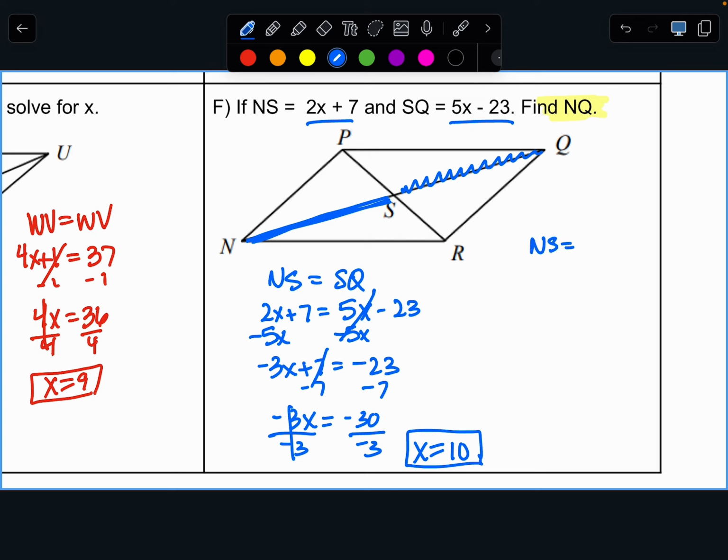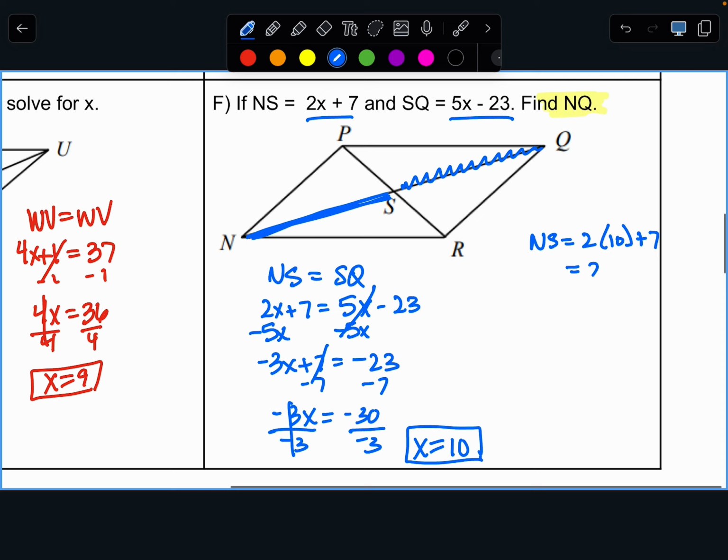So NS is 2 times 10 plus 7, right? So NS is 27. So if this piece is 27, how much is SQ? 27.